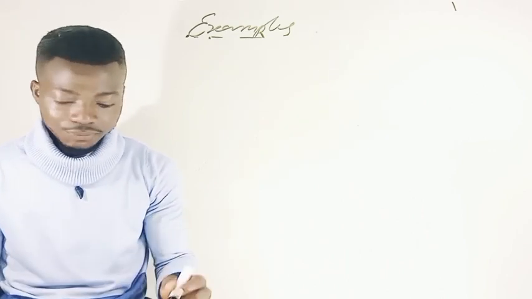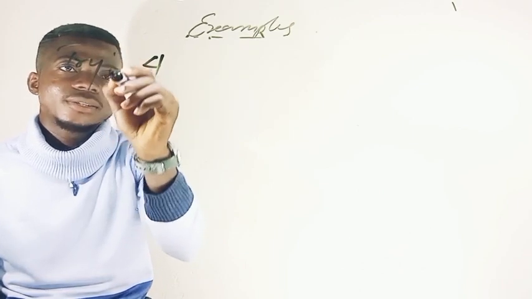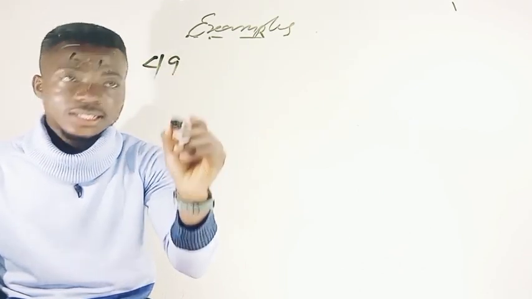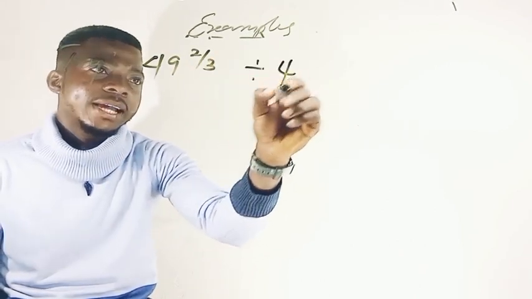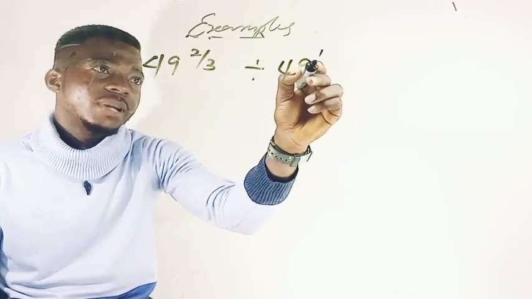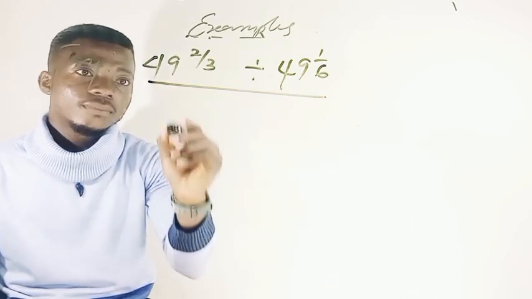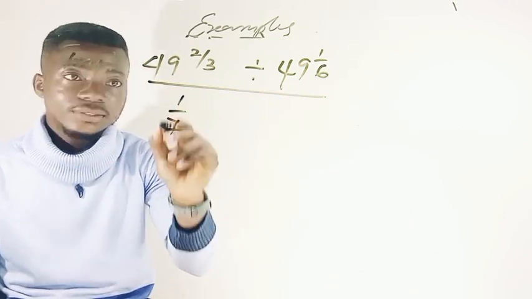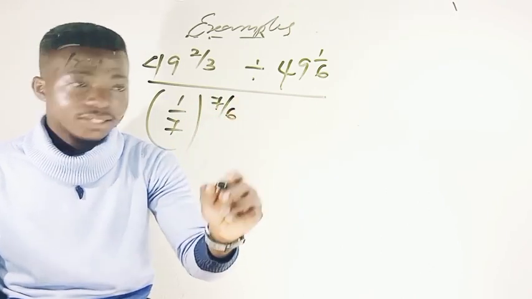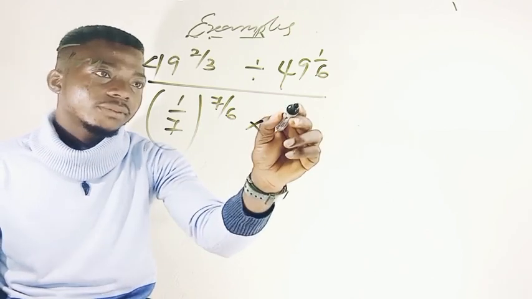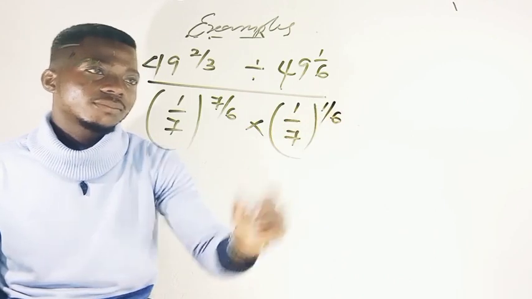This is for you to do. 49 exponent 2 over 3 divided by 49 exponent 1 over 6 all over 1 over 7 exponent 7 over 6 times 1 over 7 exponent 1 over 6.